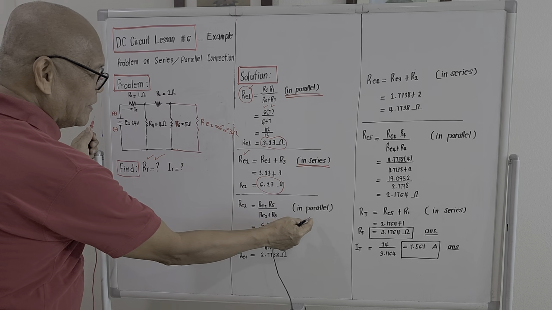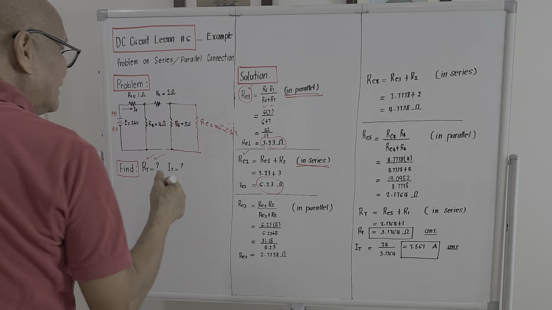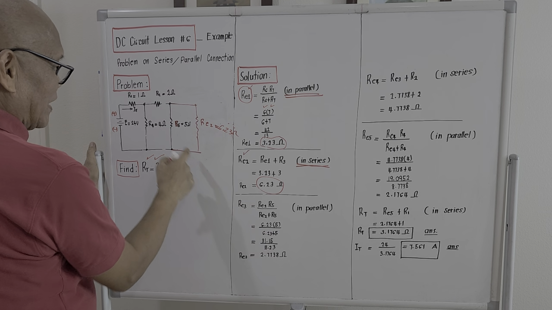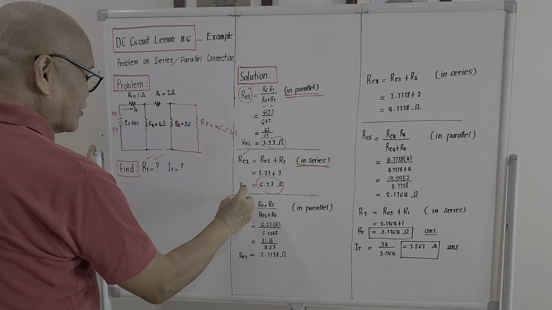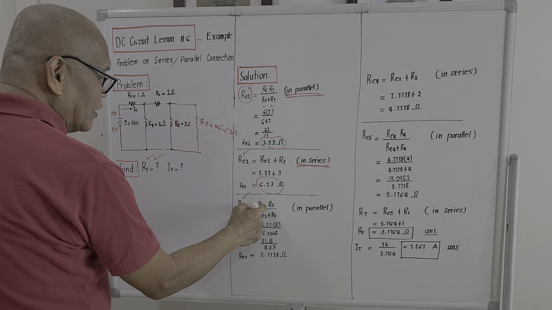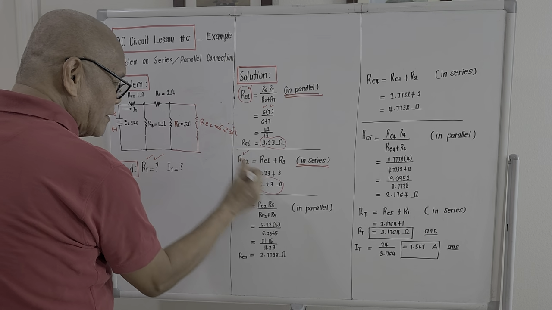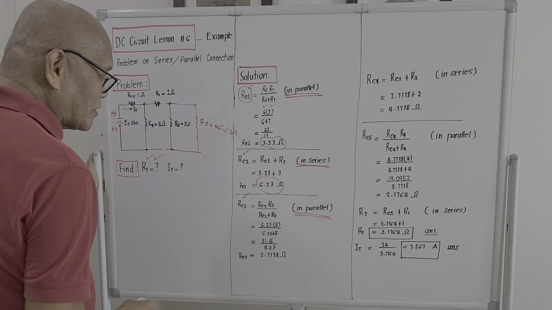They are in parallel, right? This RE2 is in parallel with R sub 5. So RE sub 3 now, if we try to take the single equivalent of this, we represent that by RE3. It should be the product RE2 R5 over the sum RE2 plus R5. They are in parallel, right? Okay? So we are just using the concept of parallel circuit.